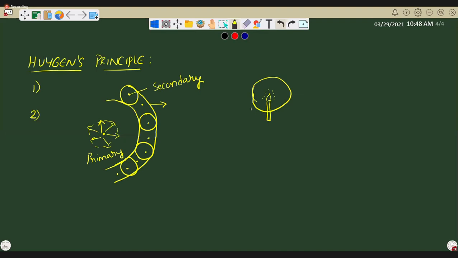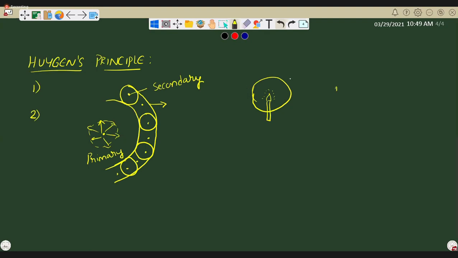What Huygens told is, if somebody at that time would have asked how the light from here is traveling to this point here, somebody has to tell the propagation of the light, no? So at that time, what Huygens told is, from the primary source, let me say there is a mother spherical wave which is coming.